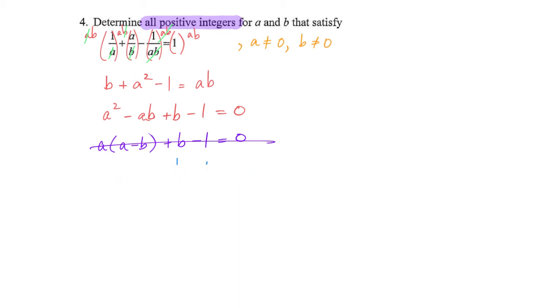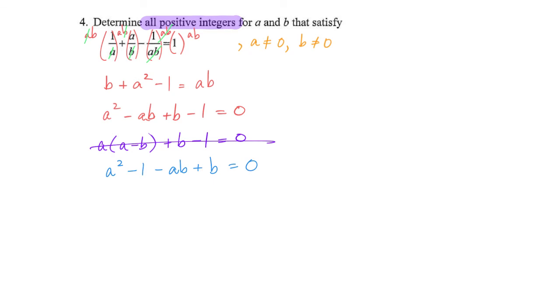But if I find my a squared and my minus 1, and I group those with my negative ab plus b, then I might find that grouping to be beneficial.